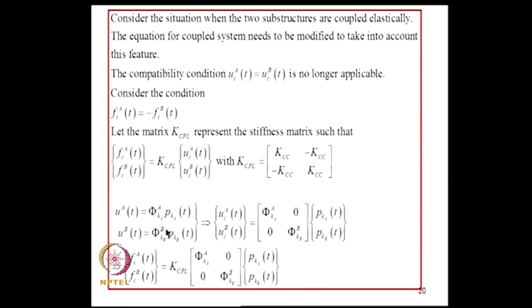Now, u_A of t as before I will express in terms of this and u_B of t in terms of this. So, this is the representation I have. Now, this forcing is related to these degrees of freedom through this relation.